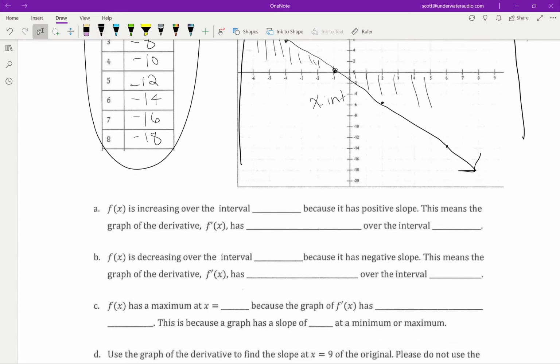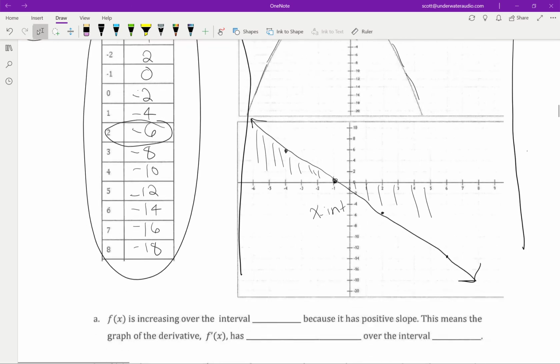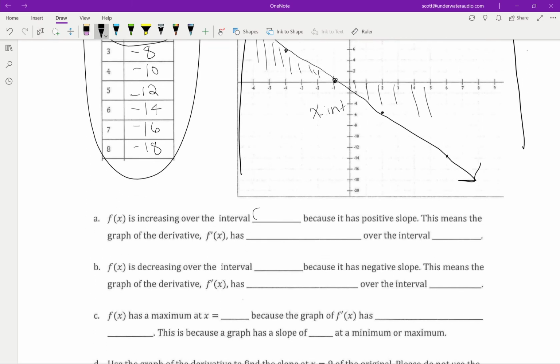So f of x is increasing over the interval from negative infinity to negative 1, because it has a positive slope on that interval. This means that the graph of the derivative is going to have positive y values over the interval from negative infinity to negative 1.